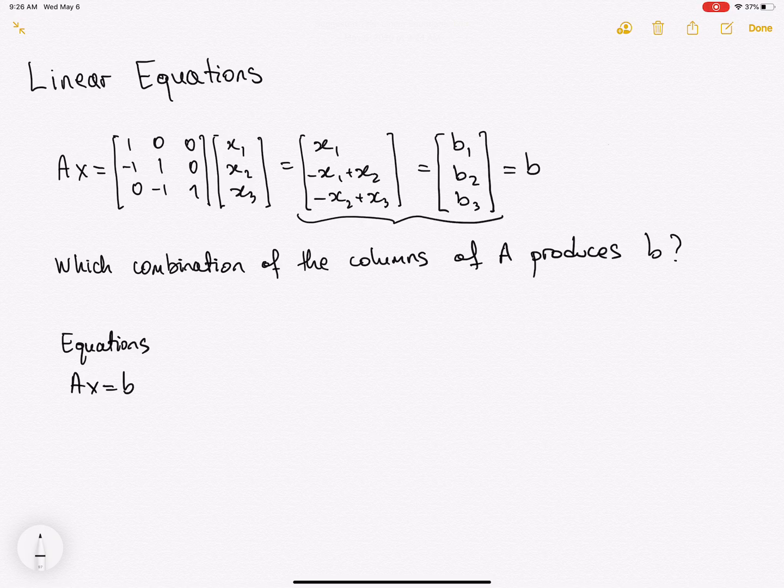We have x1 equals b1, negative x1 plus x2 equals b2, and negative x2 plus x3 equals b3. These equations are called linear because the unknowns x1, x2, x3 are to power 1.